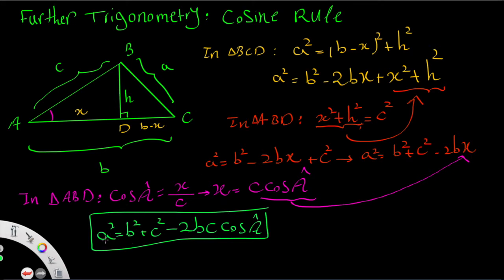Now this formula says the square of each side is equal to the sum of the squares of the other two sides minus twice their product times cosine of included angle.